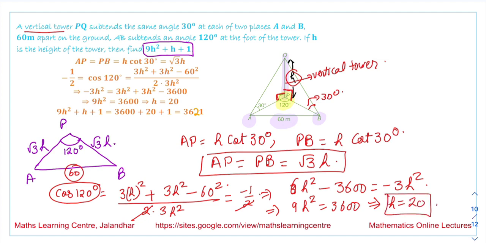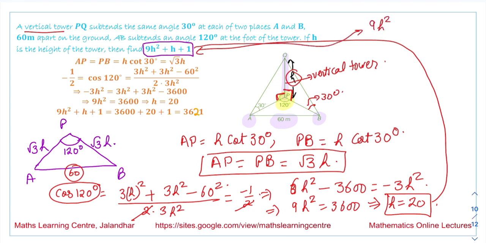So the height is 20. If we substitute 20, we obtain 9H square plus H plus 1 equal to 3600 plus 20 plus 1, and the answer comes out to be 3621. This is the value of 9H square plus H plus 1.